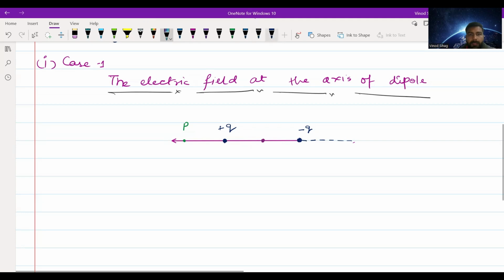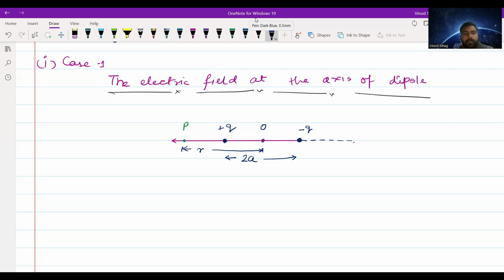The distance between these two charges is 2a, and we can say that they are equally placed. They are equidistant from the center point O. Now the point P is at distance r from the center point of this dipole moment.